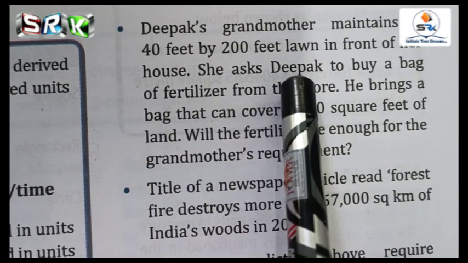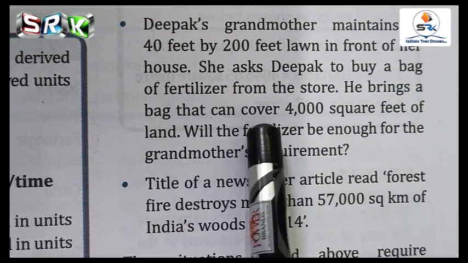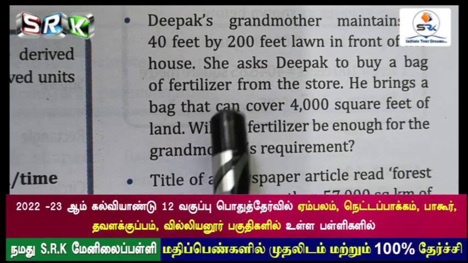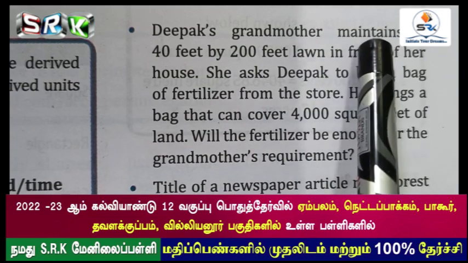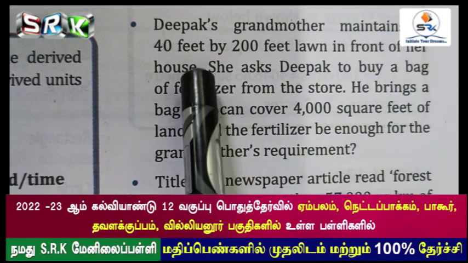She asked Deepak to buy a bag of fertilizer from the store. He brings a bag that can cover 4,000 square feet of land.